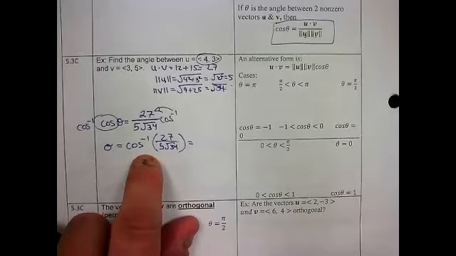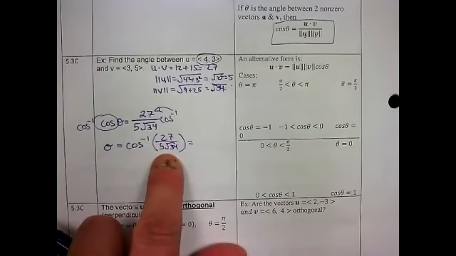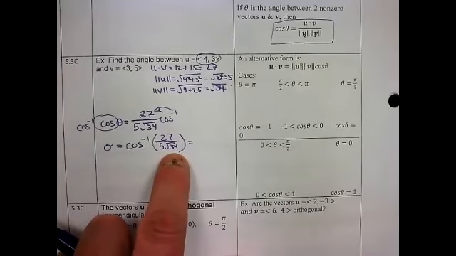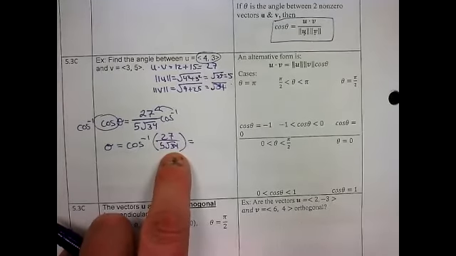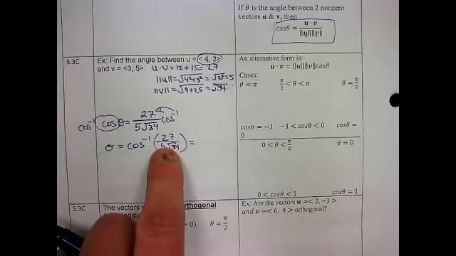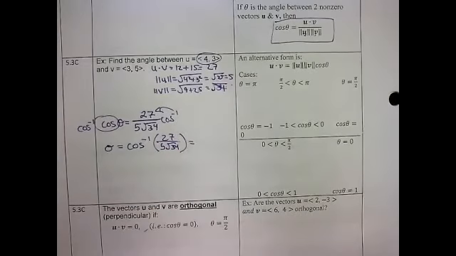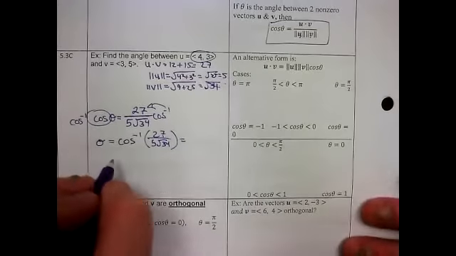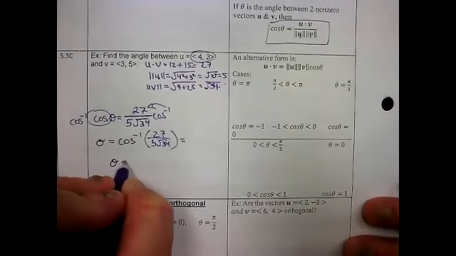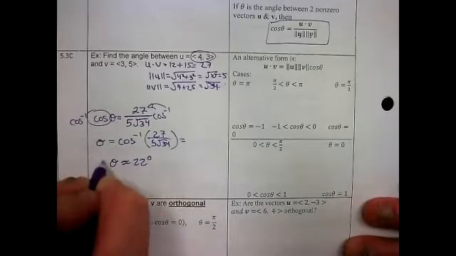So second cosine of 27 divided by 5 times the square root of 34, and I'm putting the 5 times the square root of 34 in parentheses because I want it to do 27 divided by all of that. That gives me 22, so theta is approximately 22 degrees.